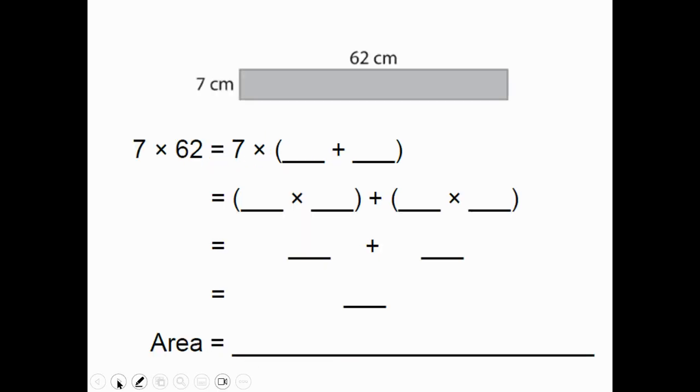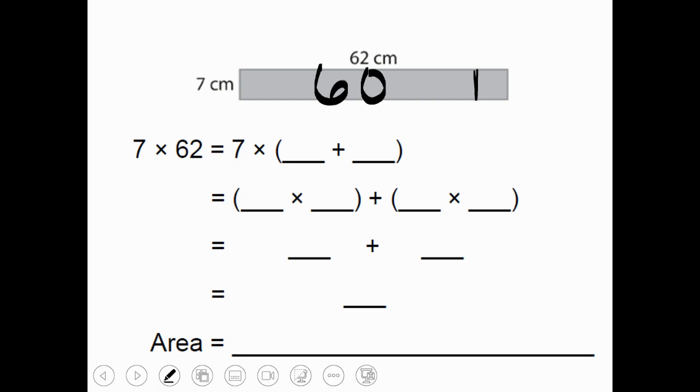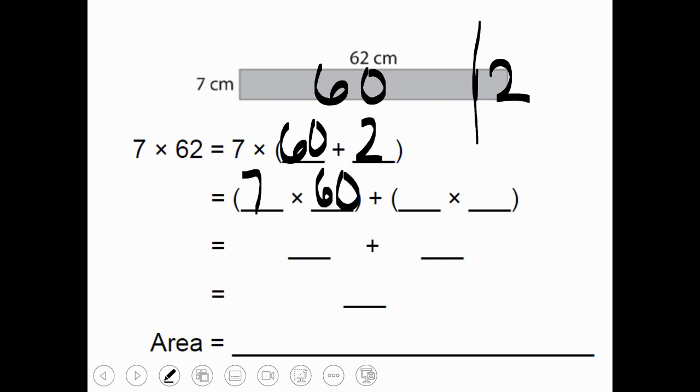All right, let's practice with 62. I'm going to break it into a what? A 60 and a 2, right? Because they're easy numbers to work with. Remember, first step with the distributive property, break apart the bigger number. So now I'm going to say 7 times 60 and 7 times 2. Well, I know that 7 times 6 is 42, and then I just need to bring down that 0.